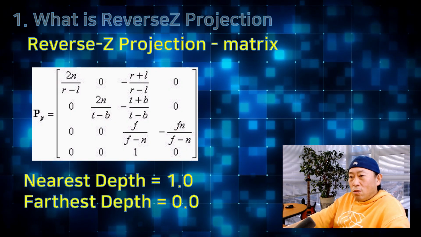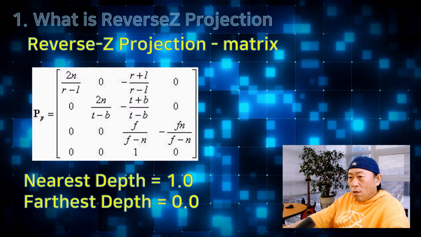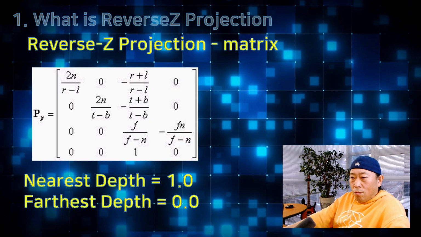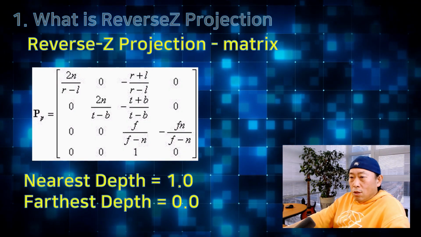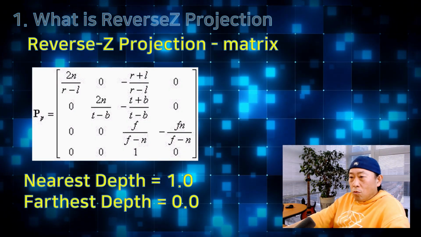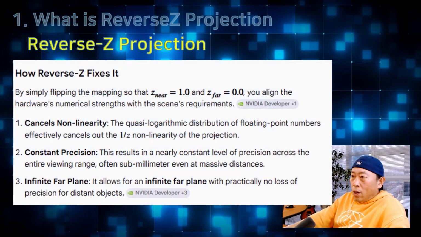This is the reverse of standard Z projection because the near and far values are switched. There is a detailed explanation on the web.